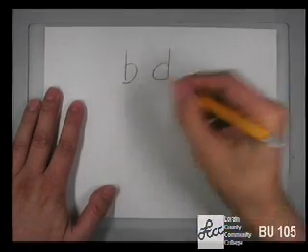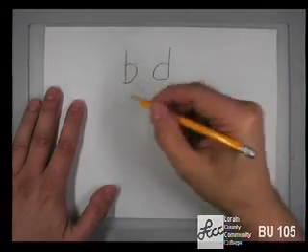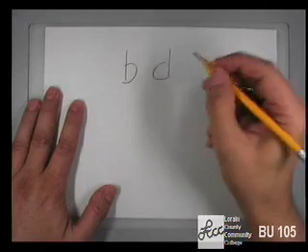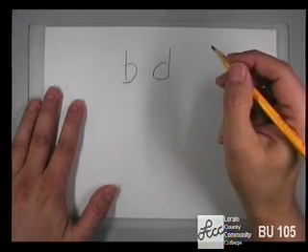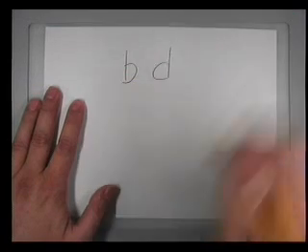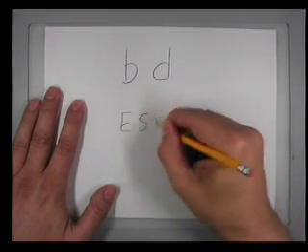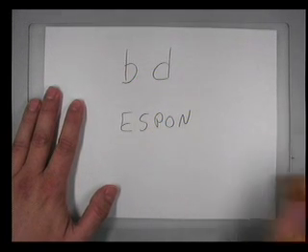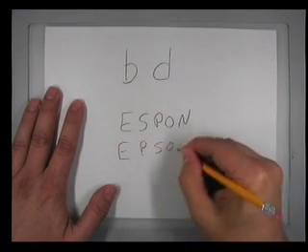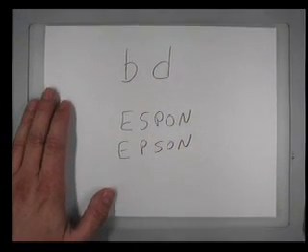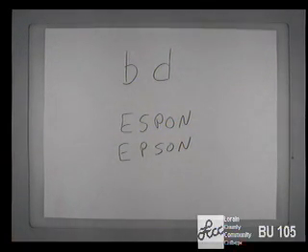So if I have the word, I can't think of a word, Epson, I may see that as Espen instead of Epson. So it really is sort of an individual thing, and it's not something that's constant. It's not like every single time someone reads something, they see it the same way. It's just that sometimes things get confused. What can we do on our web pages to help people with that?